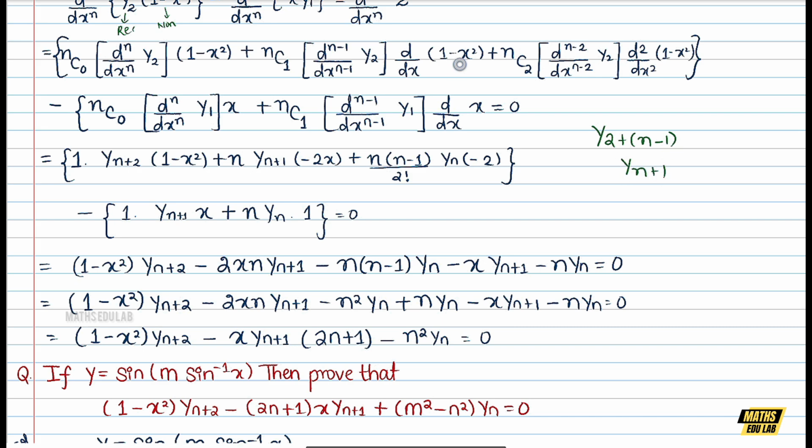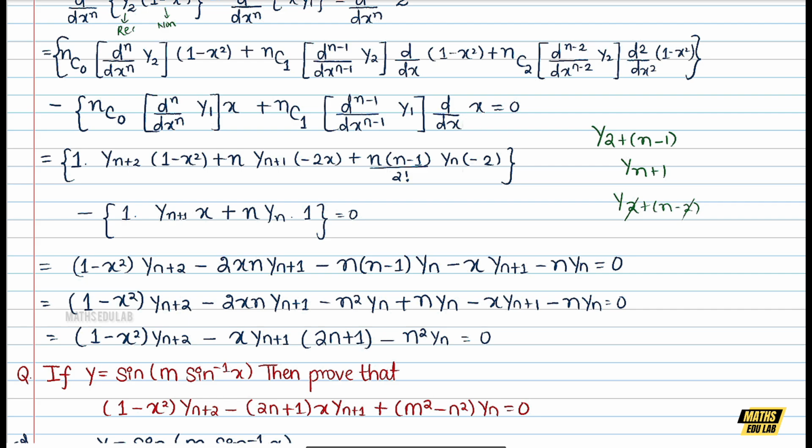The derivative of 1 minus x square will be minus 2x, plus nc2, which is n into n minus 1 by 2 factorial, and the y2 derivative power is given as n minus 2. The value that remains is yn, and the second derivative of 1 minus x square will be minus 2x.